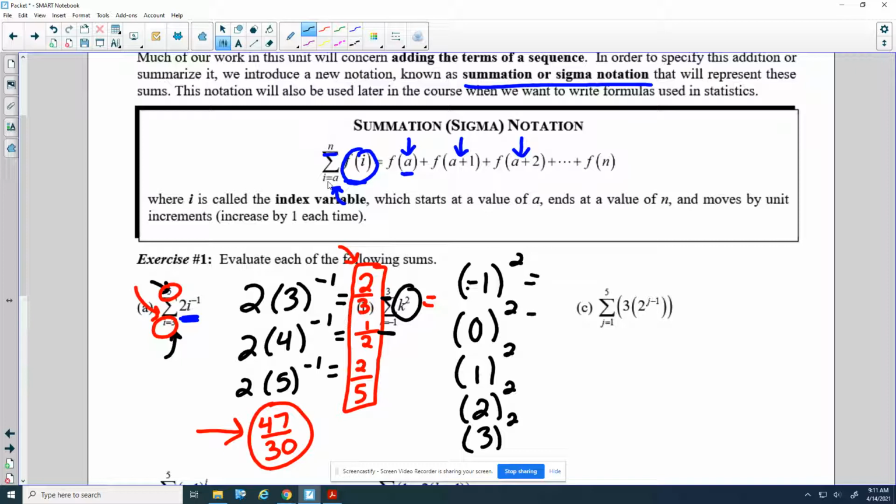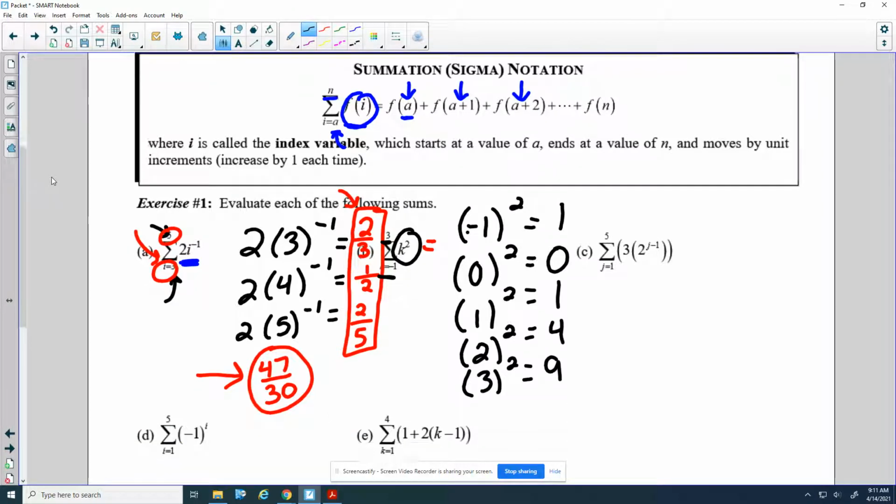So we get each of our answers. So -1 squared is 1, 0, and 1, and 4, and 9. And then since this is a summation, I'm going to add those values together to get my final answer. Looking at those values, if I added them up, I would get 15.